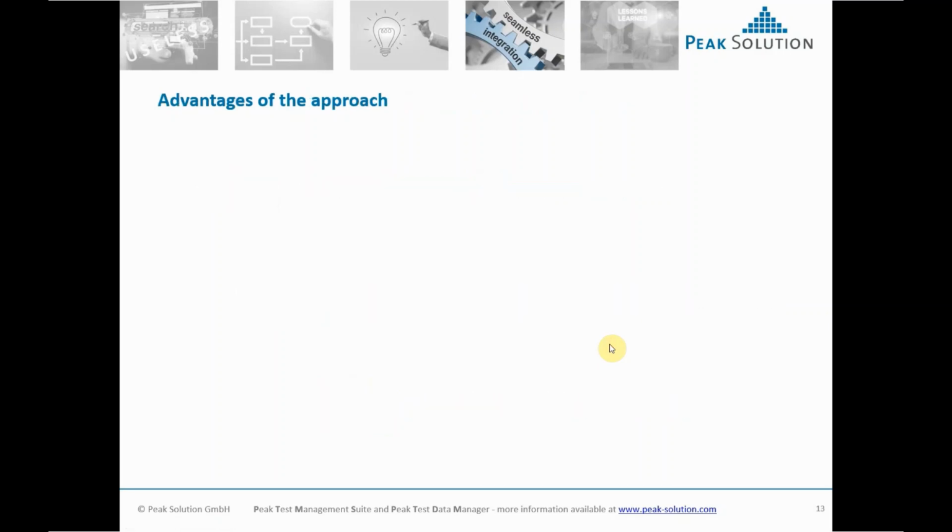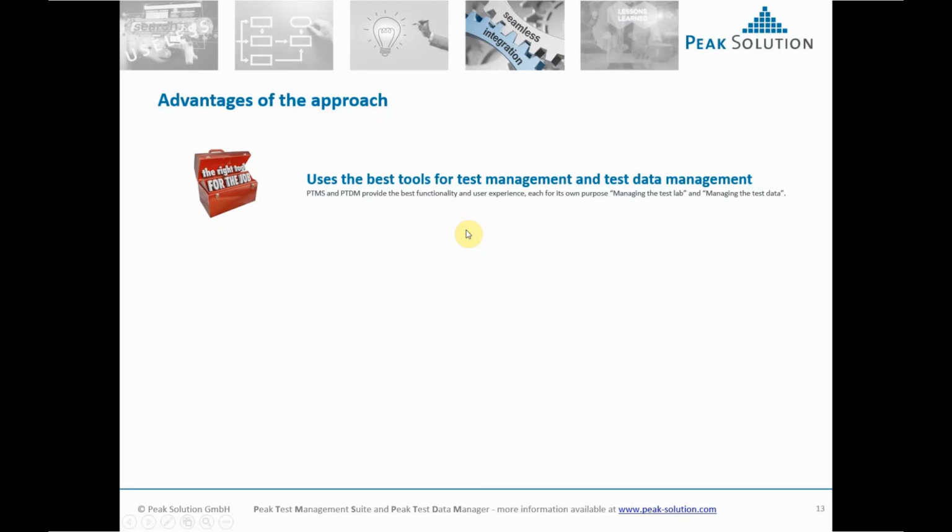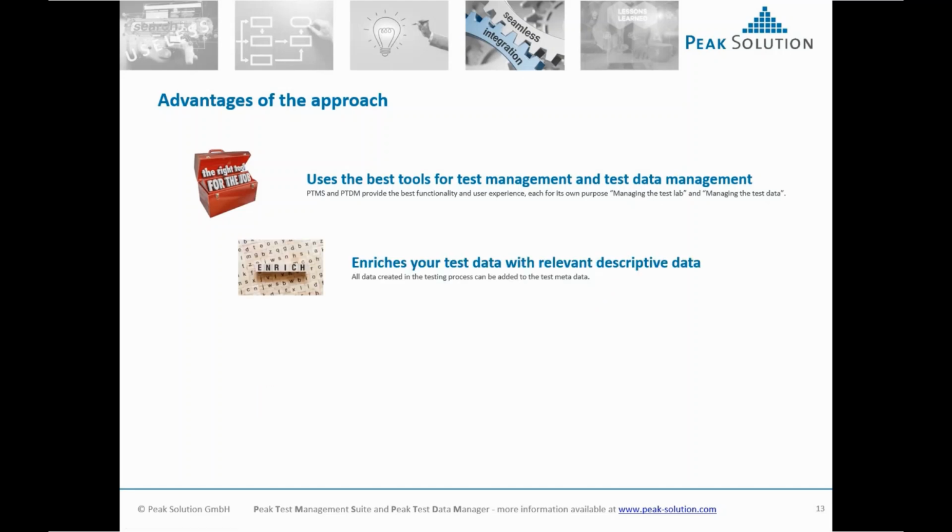So what are the advantages of this approach we just described? First of all, you can just use amazing tools which provide you the best functionality both for test management and standardized test data management. Second, you make sure that for all test data you have collected, metadata which benefits you when searching, comparing, interpreting or analyzing data is available.